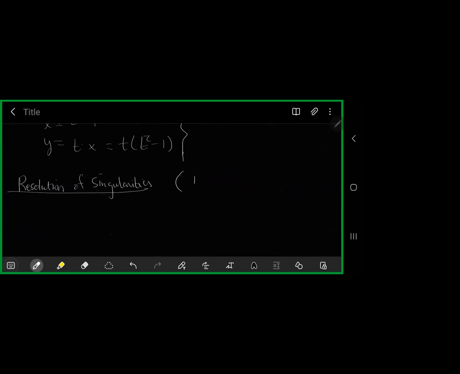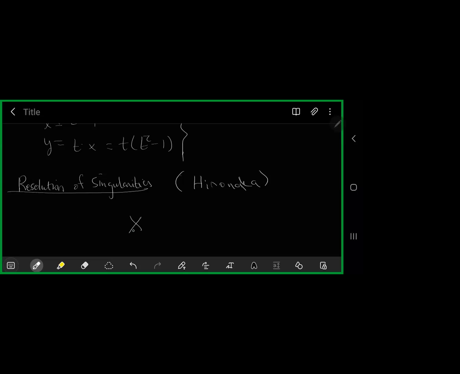I'll just mention that Hironaka solved resolution of singularities, at least in the case I'm describing, meaning that if you have some kind of space given by a system of polynomials with coefficients in, say, complex numbers, then you can find a map to it.